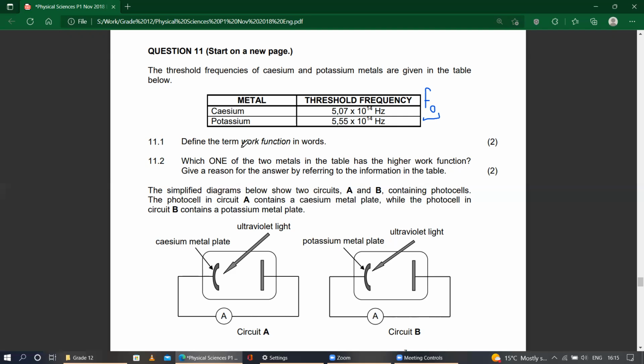So they say define work function in words. Work function, I already defined it to you as the minimum energy required for an electron to escape. I usually say jump out, but it's actually escaping the atom.